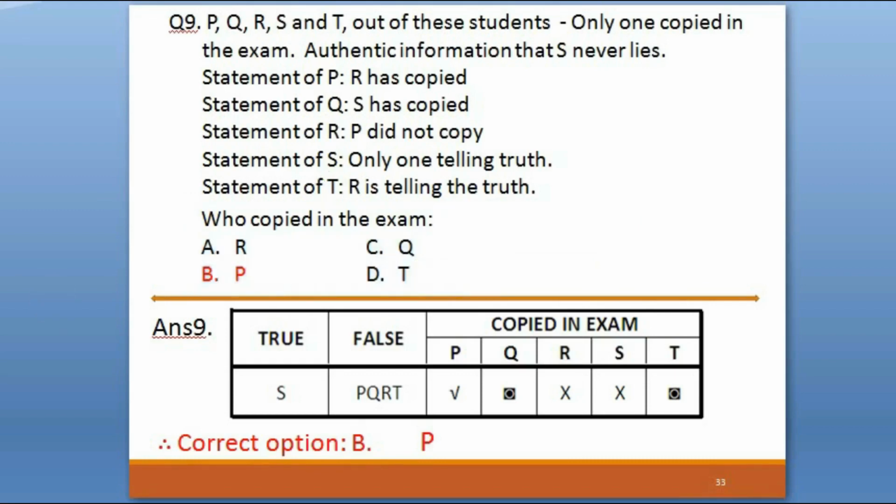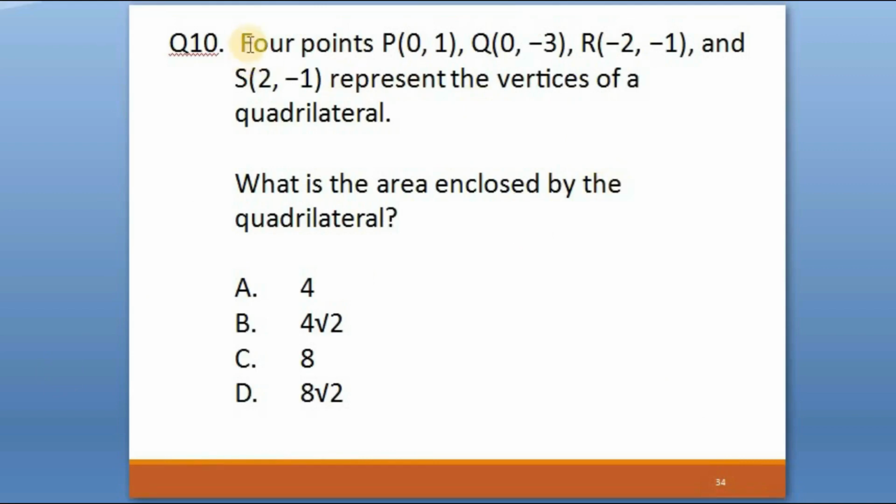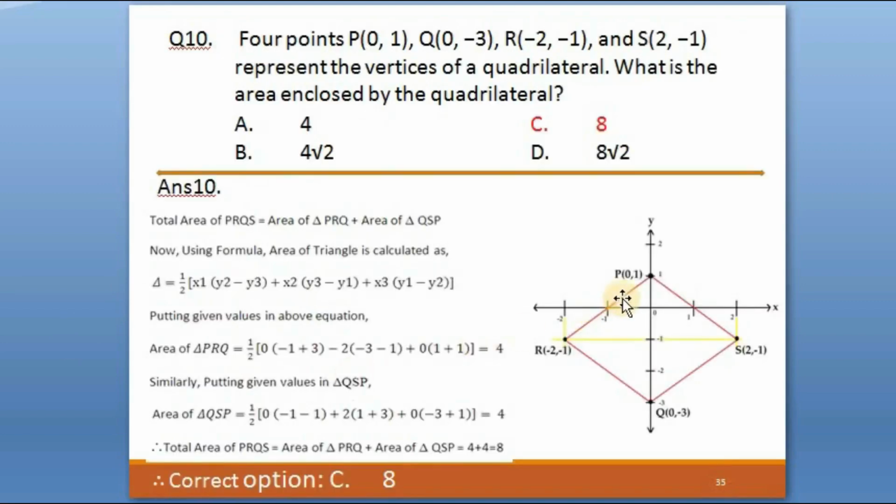4 points P with the vertices (0, 1), Q with vertices (0, -3), R with vertices (-2, -1), and S with vertices (2, -1) represent the vertices of a quadrilateral. What is the area enclosed by the quadrilateral? Since vertices are given, the best method is to roughly draw the points on the x and y axis.